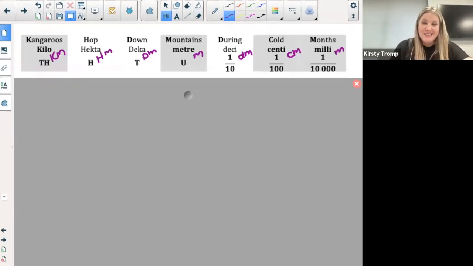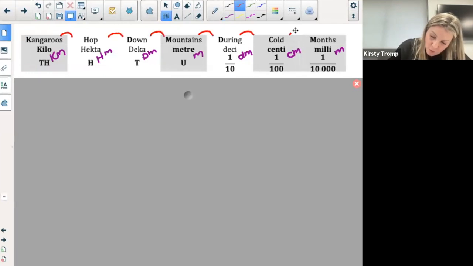Now, why is it important to learn the rhyme if we don't really use them? So, kangaroos hop down mountains during cold months. The reason it's important to learn the rhyme is because as we move down this way, we can see that as we shift down, we are timesing by 10 each time.